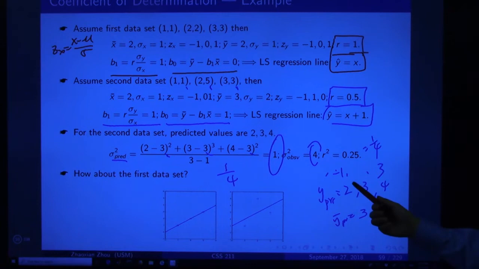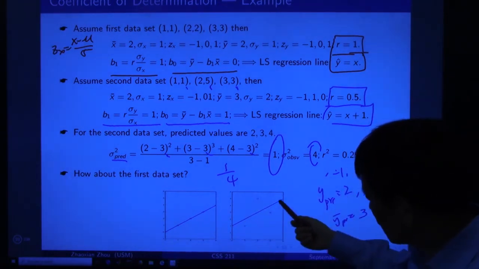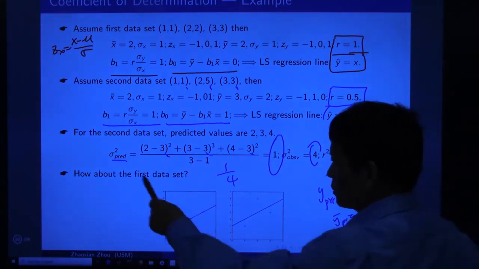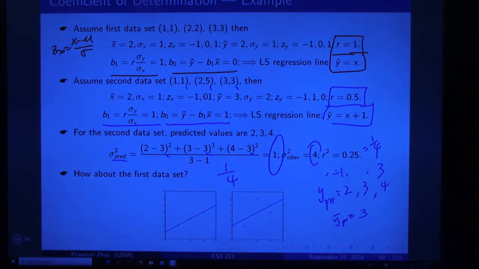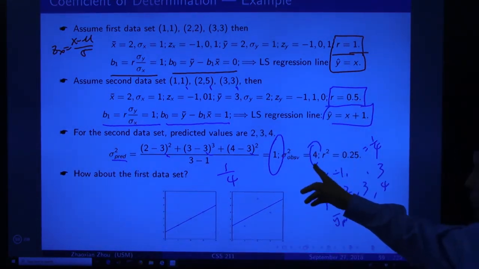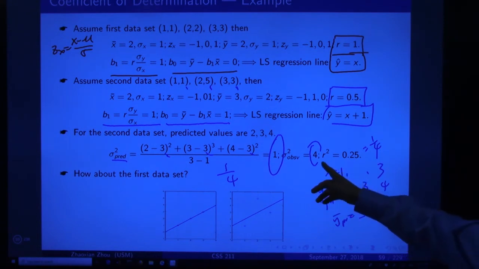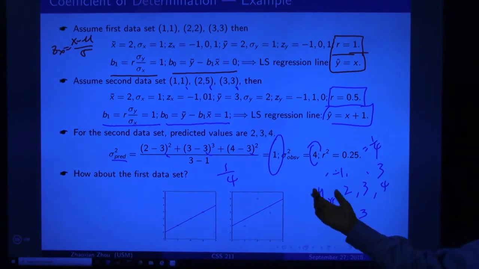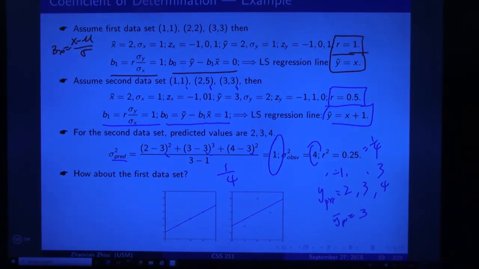So that's obvious. And that is exactly the variance of the predicted y, which equals 1, and the variance of observed y equals 4, and only 1 of the 4 is explained. So that is r squared. Right? So that is for the second data set.